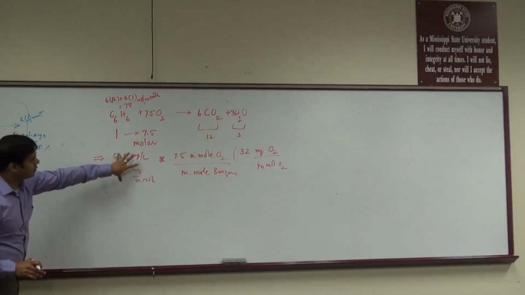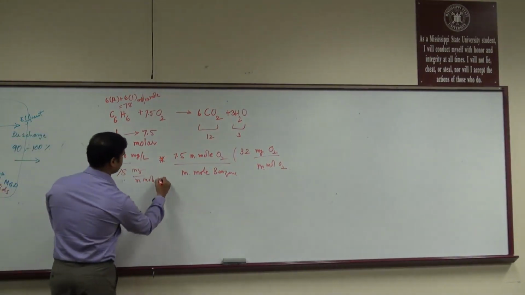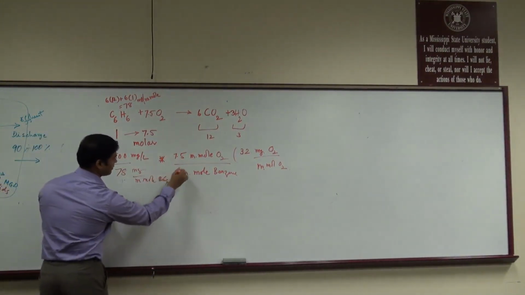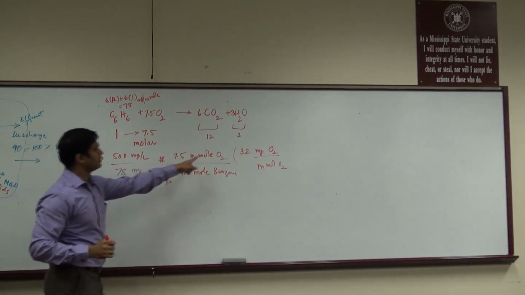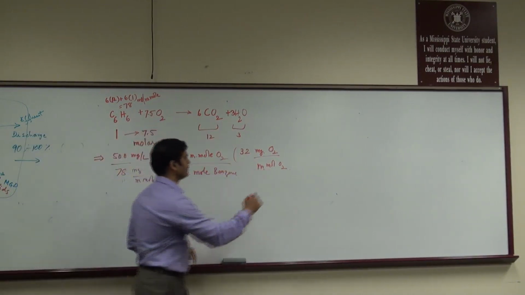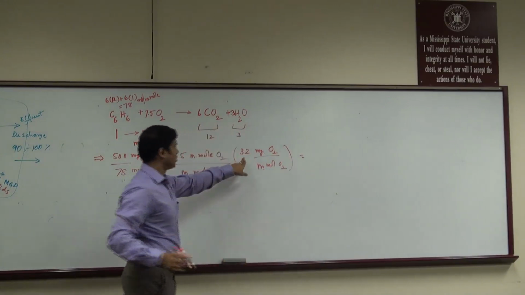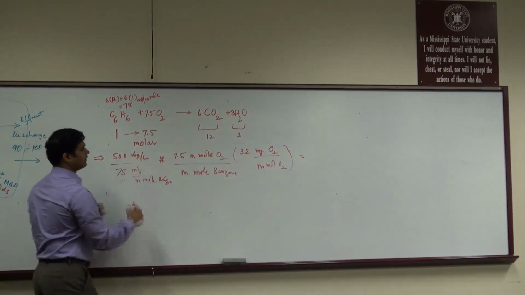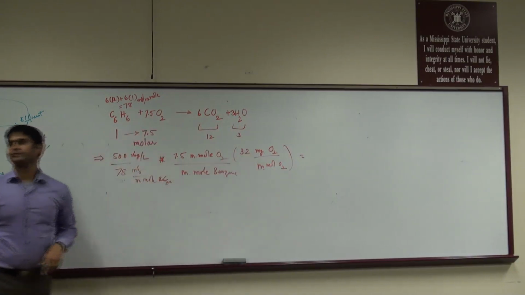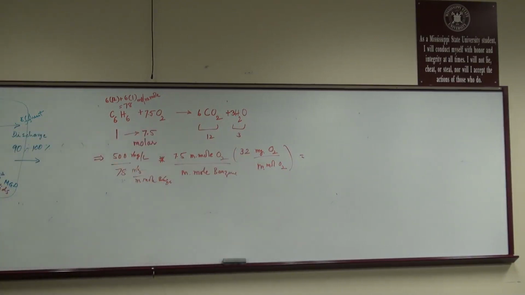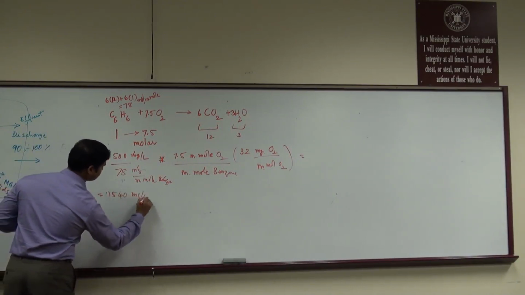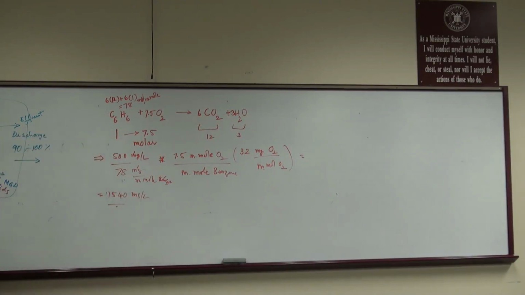Therefore, if you have so many moles of benzene, this is benzene. The units, this and this, will be cancelled. All right. So your millimoles of oxygen will be cancelled. And this is the molecular weight, and therefore you will finally be left with milligrams per liter. The answer is supposed to be 1540. The answer is D.